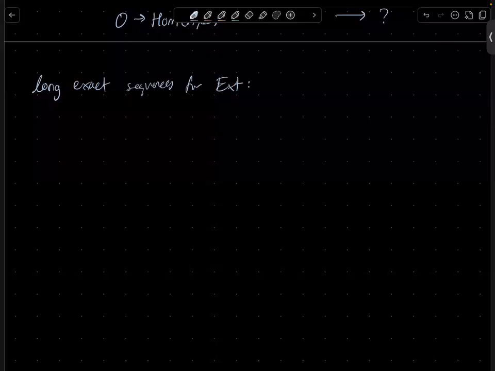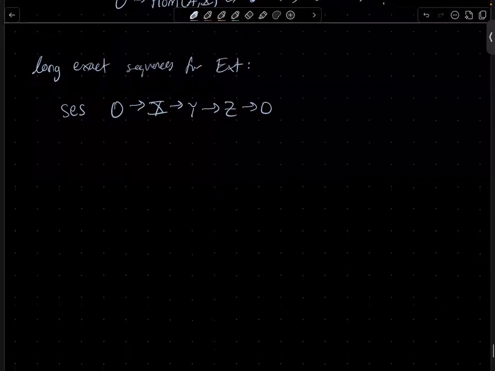So for a short exact sequence 0 to X to Y to Z to 0. Wow, these are going to be long. Maybe I cheat and copy from my notes? Okay. Oh, I regret it already.